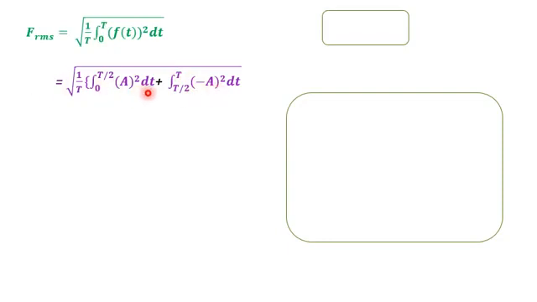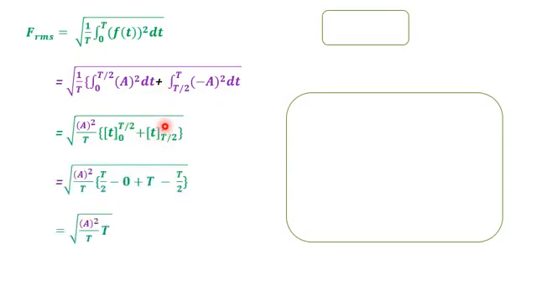So substituting accordingly and integrating, we will be getting it as root of A square by T into t, limits 0 to T by 2, plus into t, limits T by 2 to capital T. We will be getting the RMS value as A. So here we can see that for a pure square wave, the average value and the RMS value are both the same and equal to the magnitude of that wave.